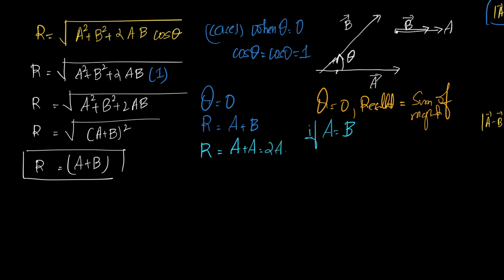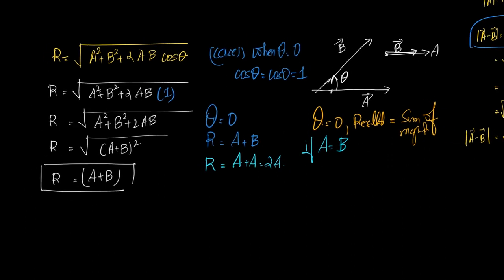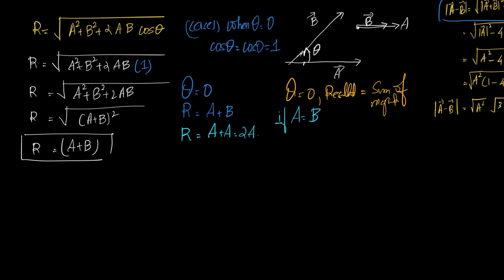Okay, so this is case number 1. Alright, now let us discuss case number 2. So again, R is equal to root of a square plus b square plus 2ab into cos theta.